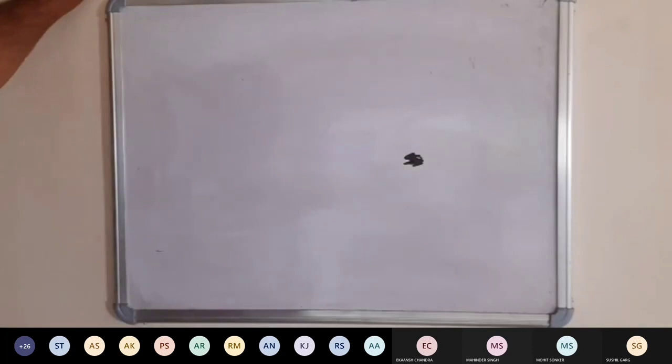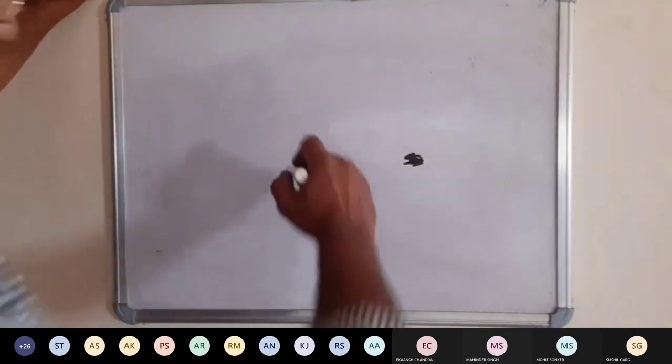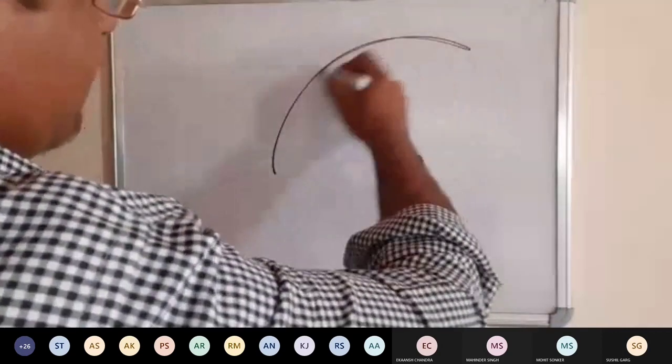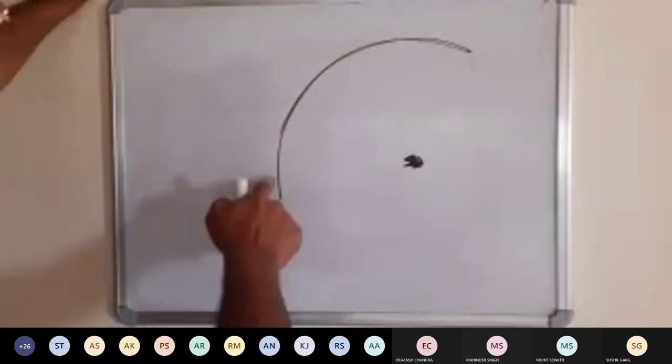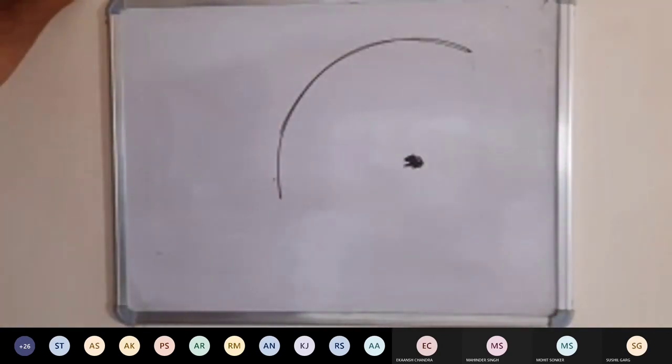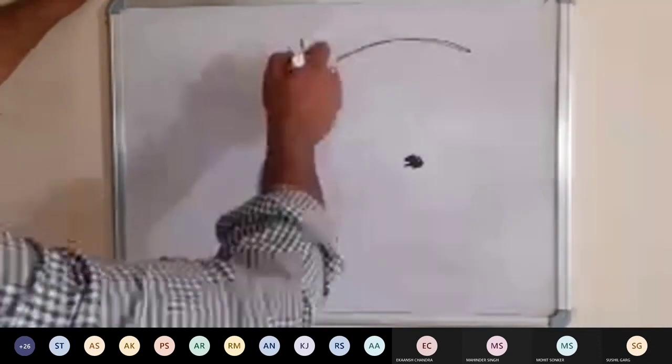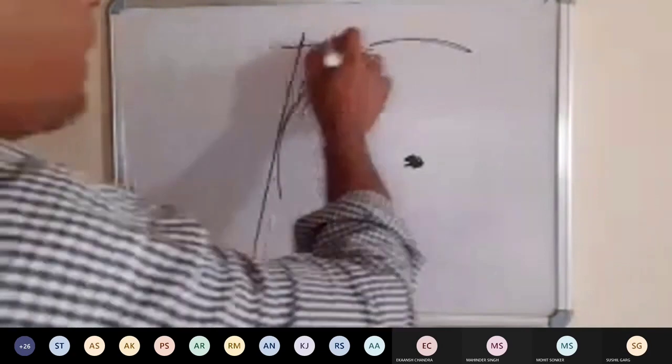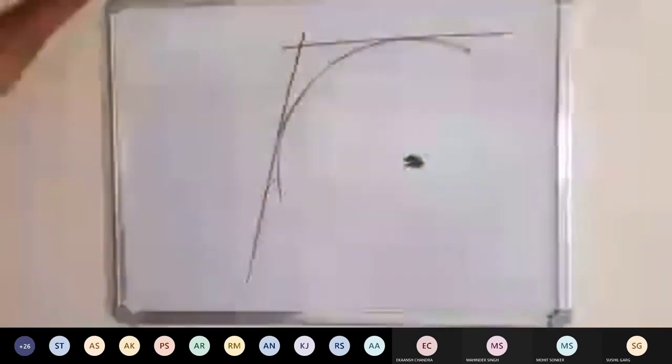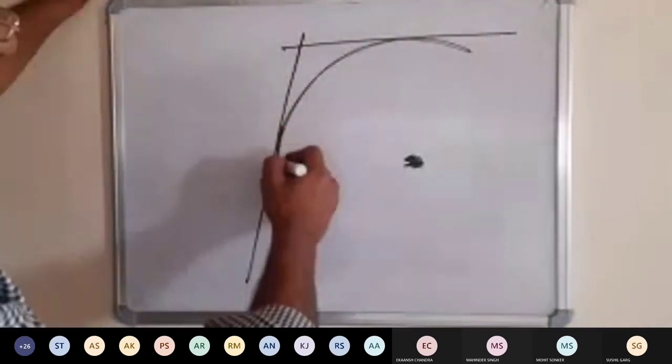Number 2, we decide the radius. Number 3, we draw an arc of the radius that we have decided. Next, we draw the initial course and final course tangential to the arc.